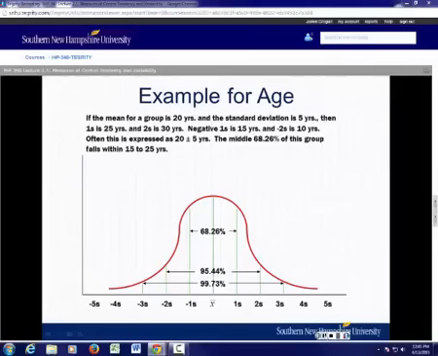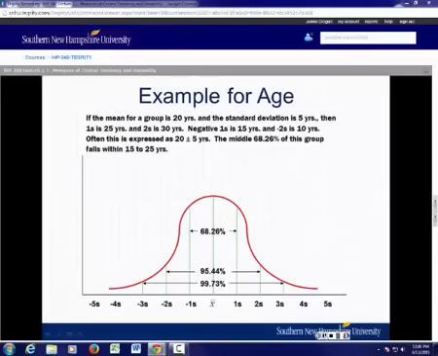To get those numbers, I just took the mean and I added 1 standard deviation one time, and then I subtracted 1 standard deviation from the mean one time. And you get that +1 to -1 interval. So that means that the middle 68.26% of scores for this group falls between 15 and 25 years.